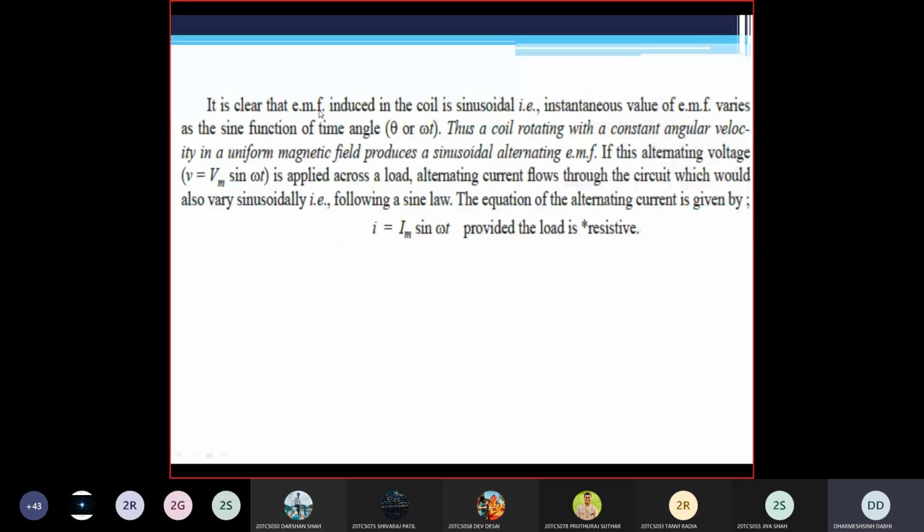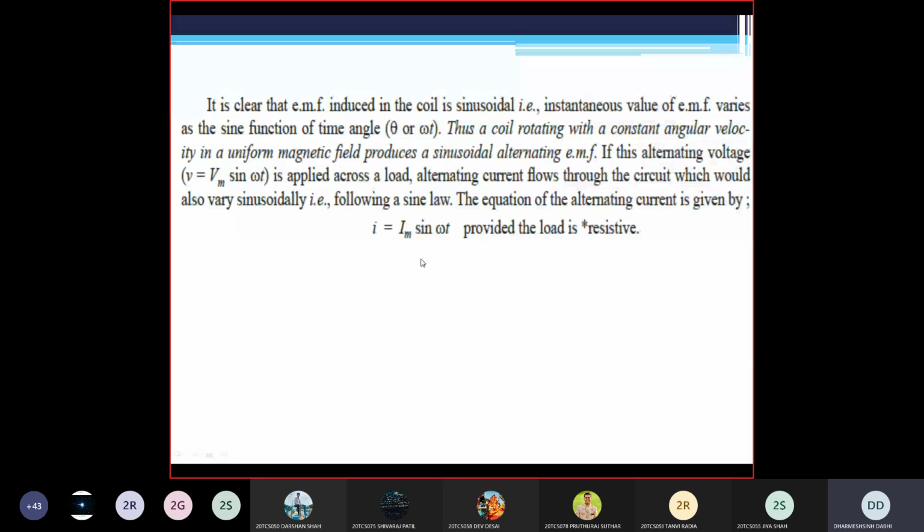As you see, the induced EMF is sinusoidal. The instantaneous value of EMF varies with respect to time or angle, and your coil is rotating with constant angular velocity in the anti-clockwise direction, so that generates the sinusoidal alternating value of EMF. If this alternating voltage is applied to a resistive load, the alternating current flowing in this circuit is also sinusoidal, a sine wave.